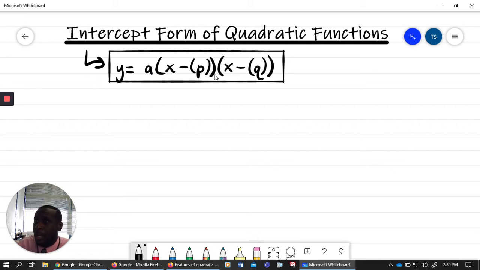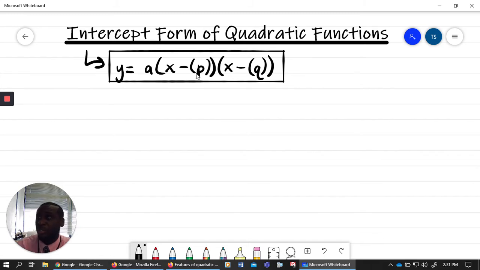The p and the q actually determine the intercepts, and the specific type of intercept I'm talking about is an x-intercept. So the p and the q in this intercept form are an easy way for you to determine what the x-intercepts are.